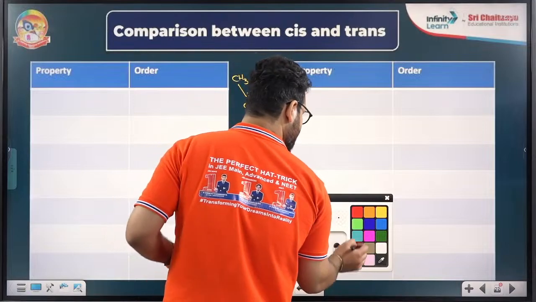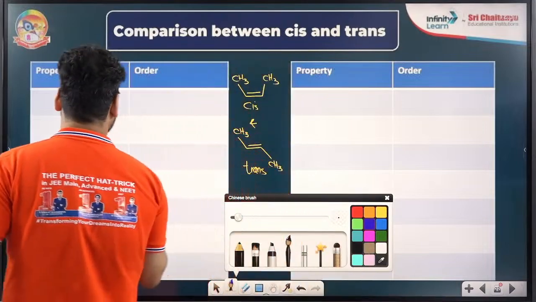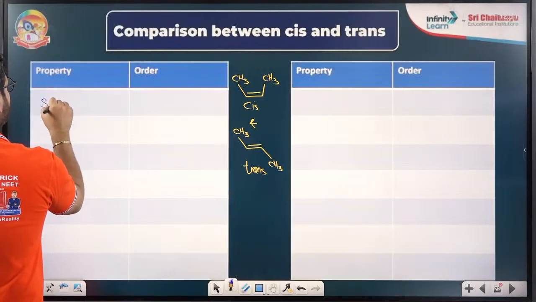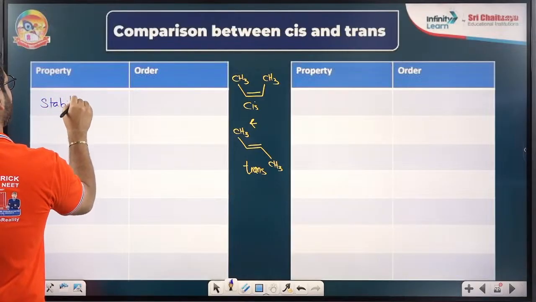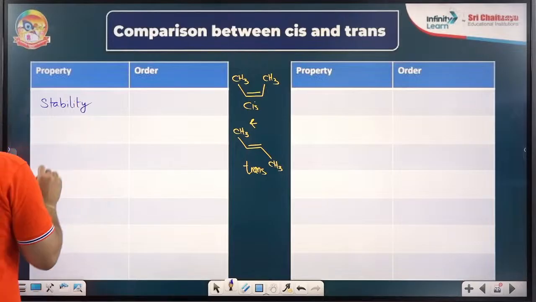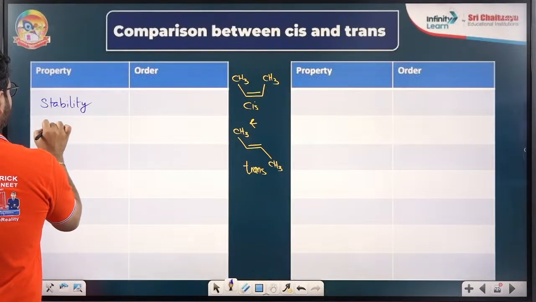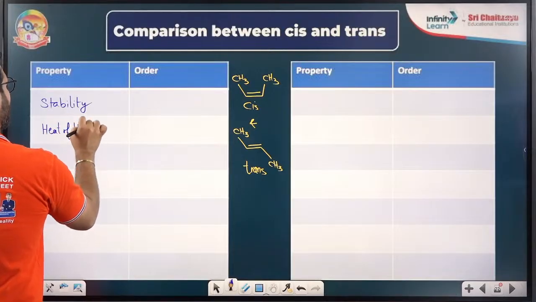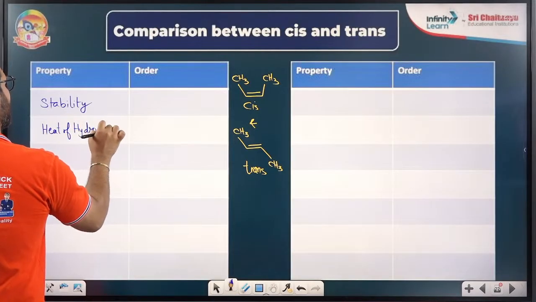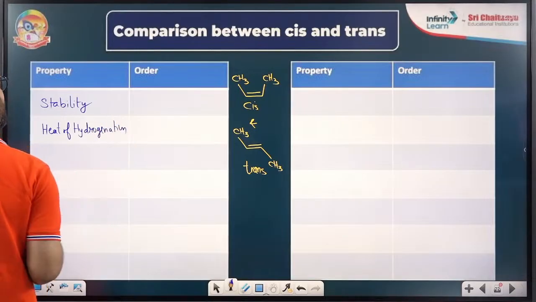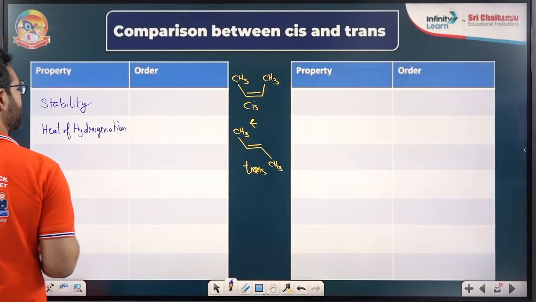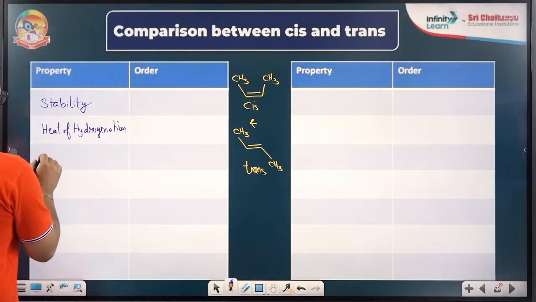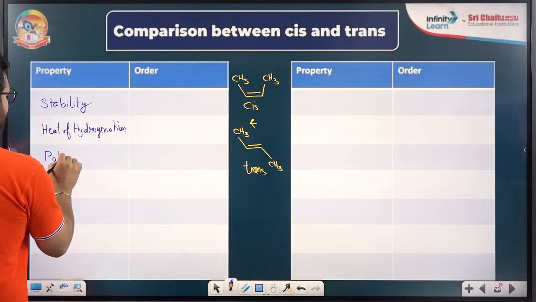So let's see some of the properties. First we'll see stability, then we'll see heat of hydrogenation. Then we are going to see polarity.